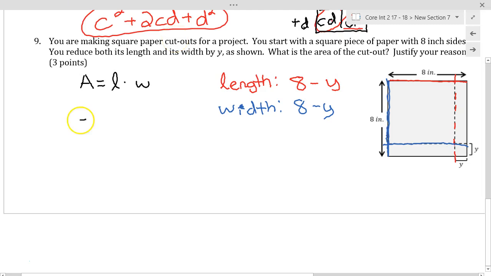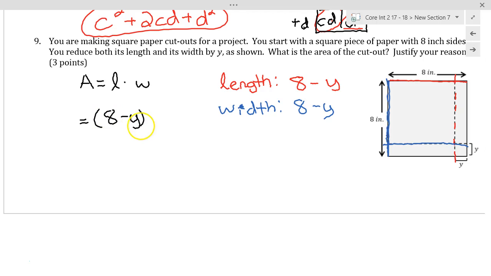So my area is now 8 minus y times 8 minus y. Again, I'm going to draw that box.